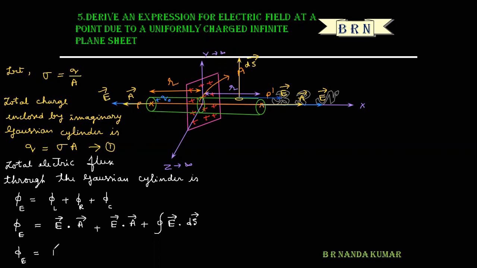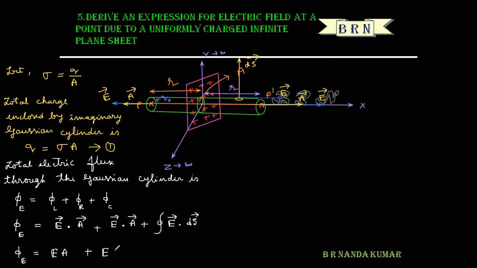So this is EA cos 0, right? EA cos 0 is 1. The flux linked with the right flat circular surface is also EA cos 0, because here also the angle between the E vector and the A vector is 0, since both are in the same direction.